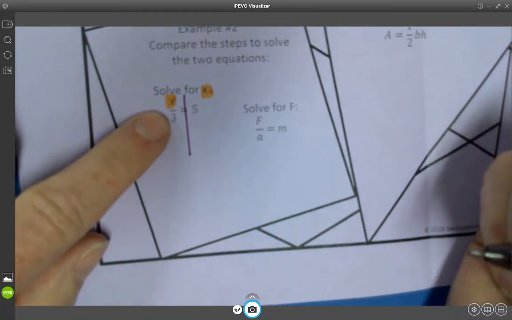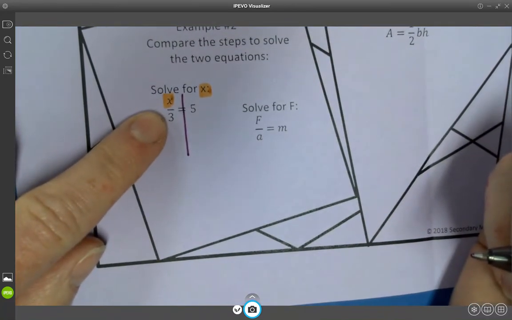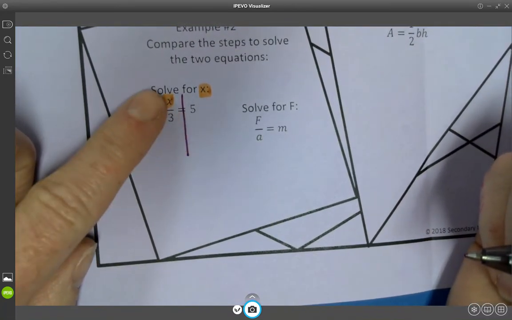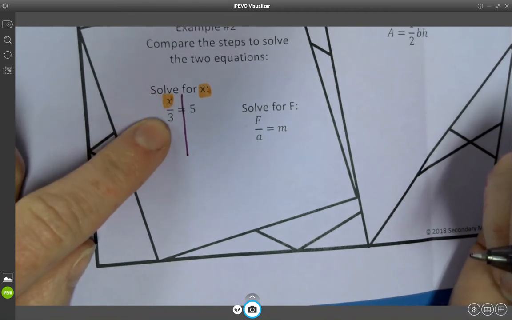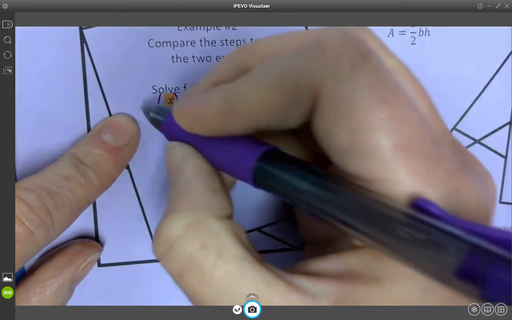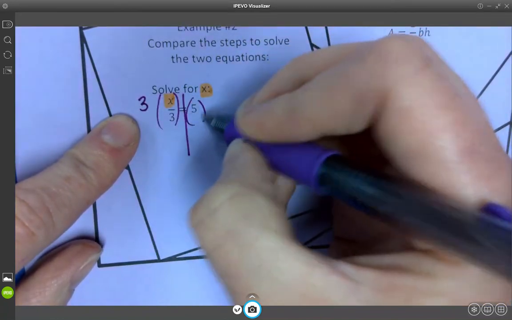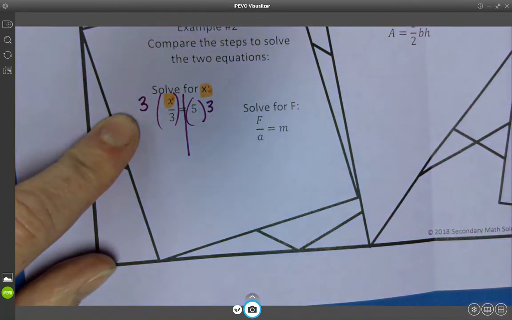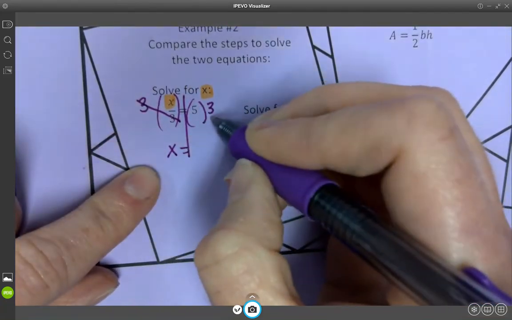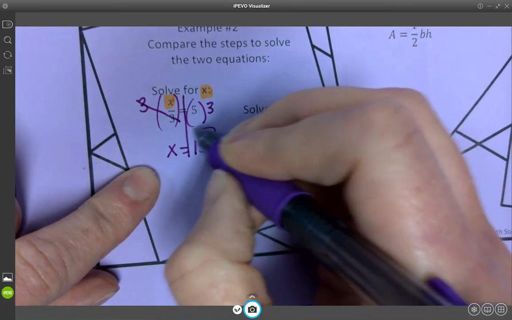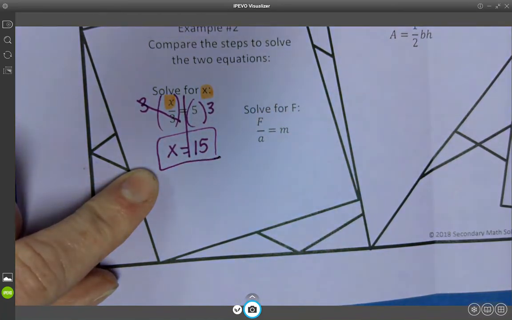So x divided by 3 equals 5. We look and see what's happening to x. It's being divided by 3. The opposite of dividing is multiplying by 3. Then the 3's cancel, and we're left with x equals 5 times 3, which is 15.